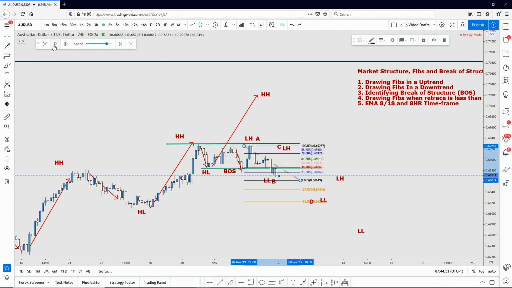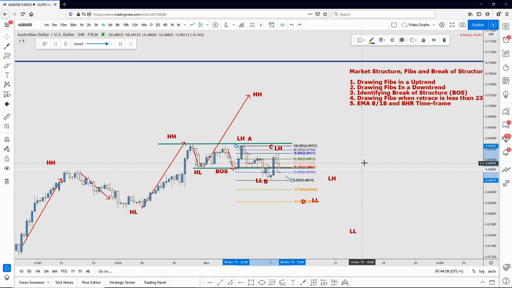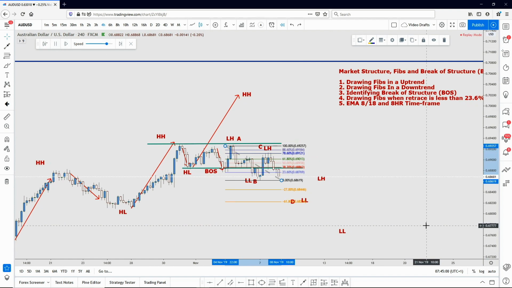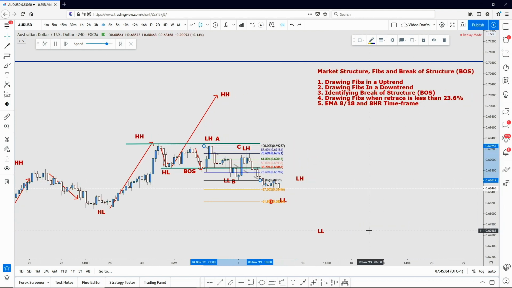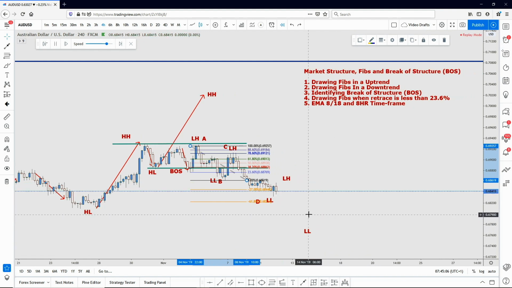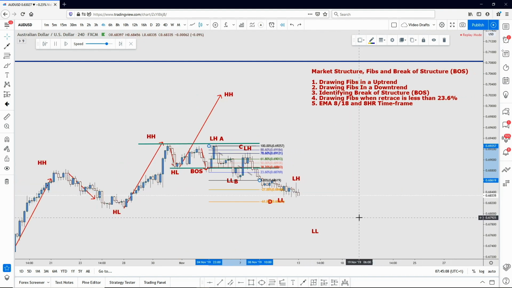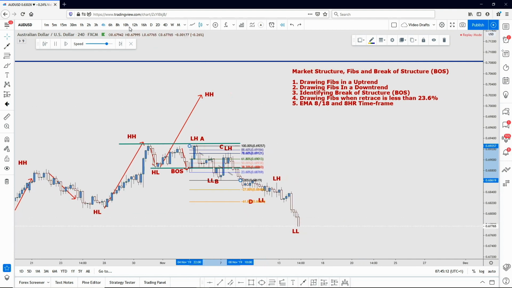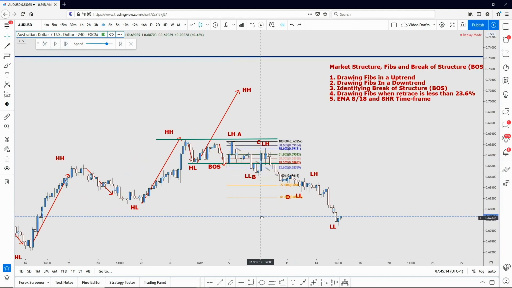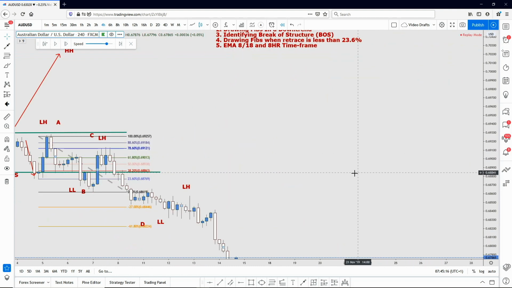Now I'm going to hit play on the replay tool and see what happens. Okay, I'm going to pause it there. So let me kind of zoom in here.